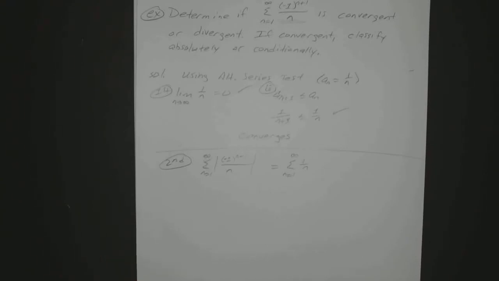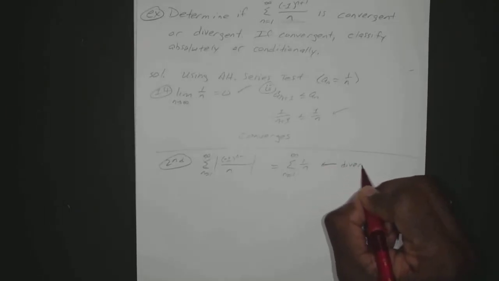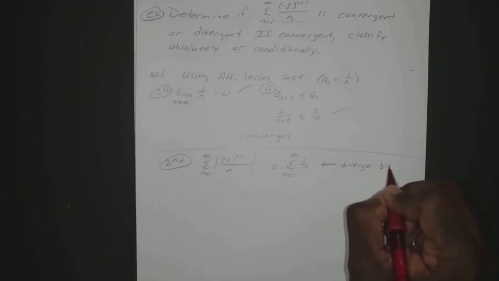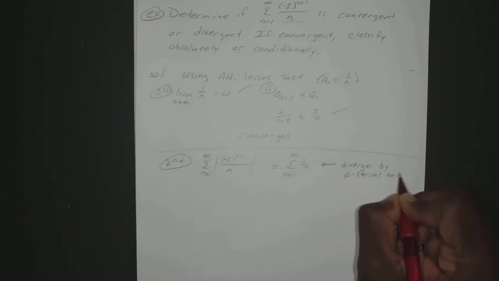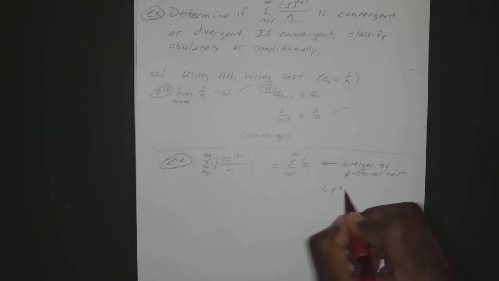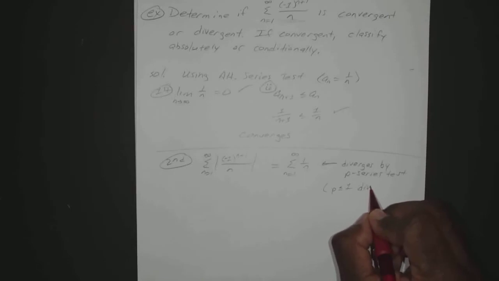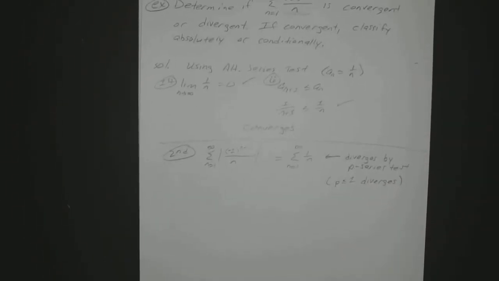And we know from the p-series test that this is going to diverge. Remember, for the p-series, p less than or equal to 1 diverges. Okay, so we know this one converges, but conditionally.